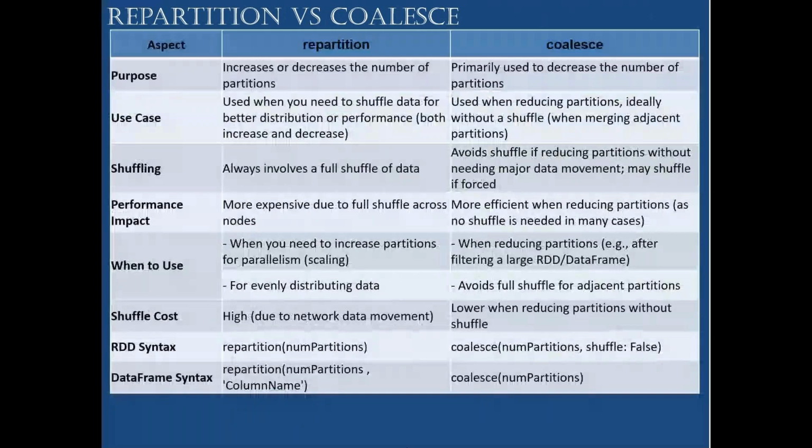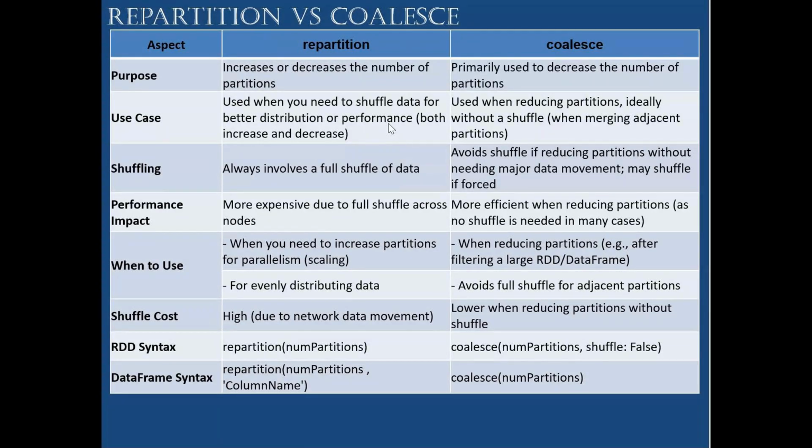We already discussed that repartition is used for increasing or decreasing the number of partitions, whereas coalesce is primarily used to decrease them. Use case: when you need to shuffle data for better distribution, say the existing data is unevenly distributed and I want an even distribution, you can apply repartition.